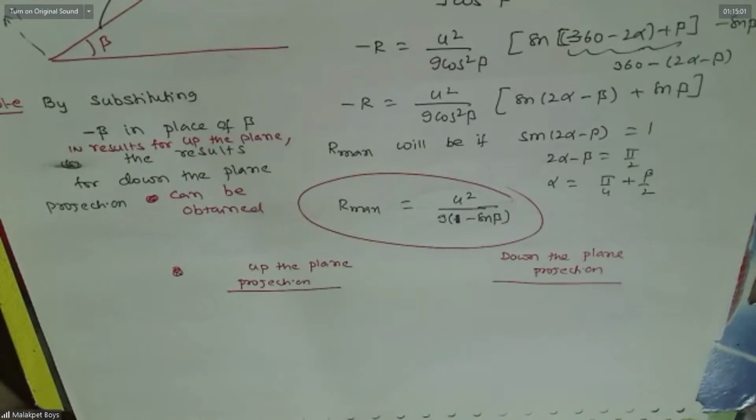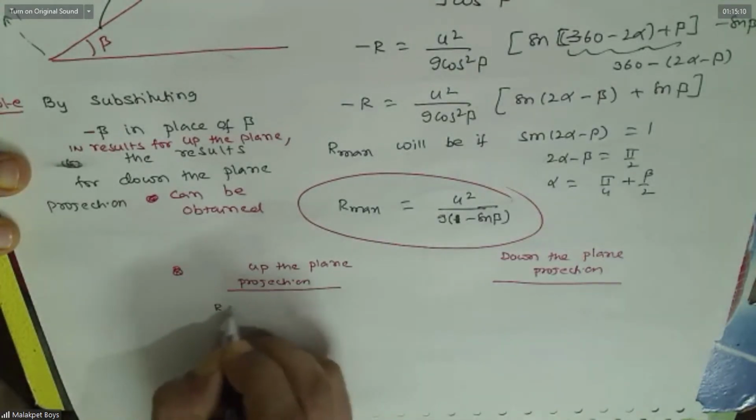Up the plane projection, what is that you have, you tell? Up the plane, range is u square by g cos square beta.